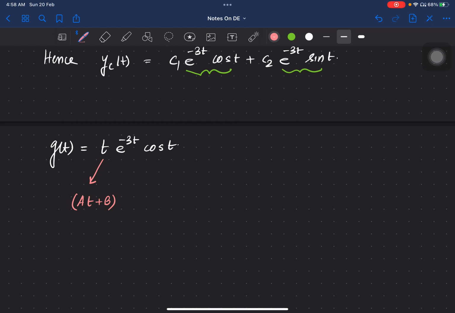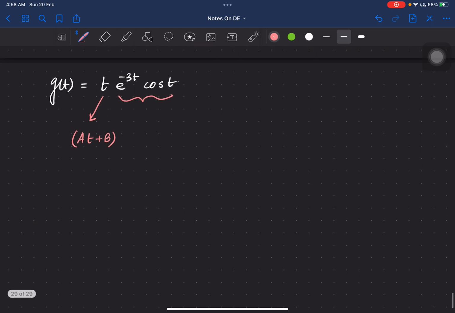Now for this part we have to take it as a whole because this part occurred in the homogeneous solution. So the trial solution y p t has t outside of the whole thing because this occurs in y c t.